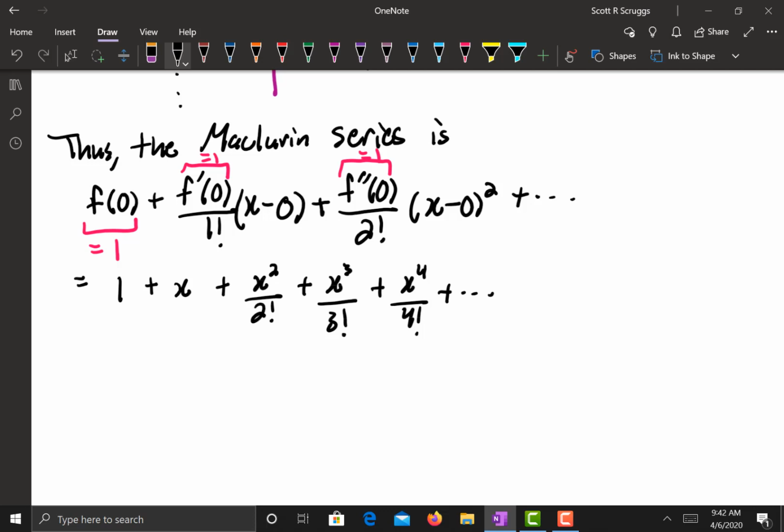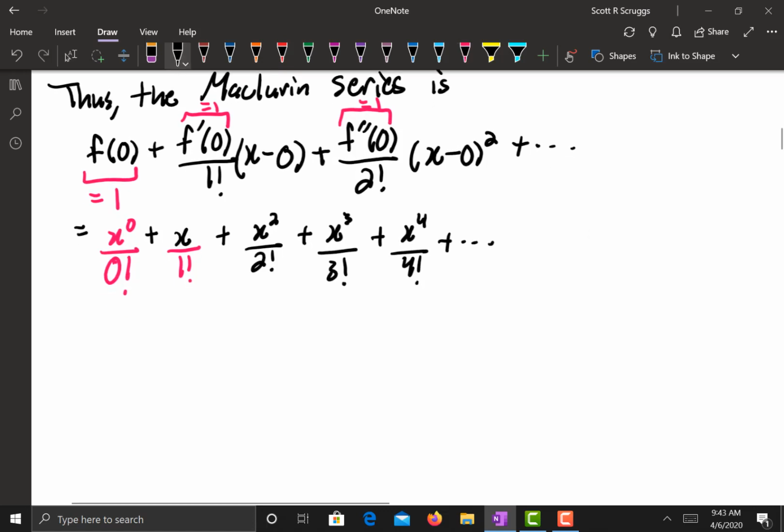And it may be hard to relate x and 1 to the rest of the series, but always keep in mind, I do have 1 factorial in there. And I could rewrite 1 as x to the 0 power. Keep in mind that we have a special scenario that 0 factorial equals 1.